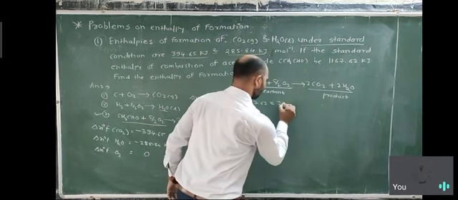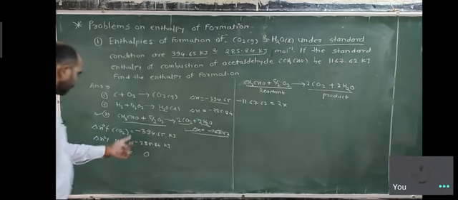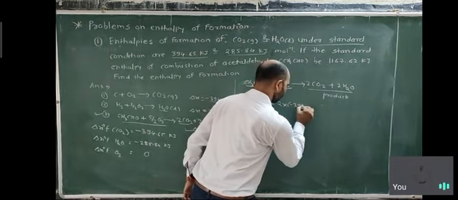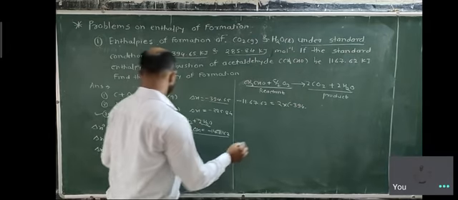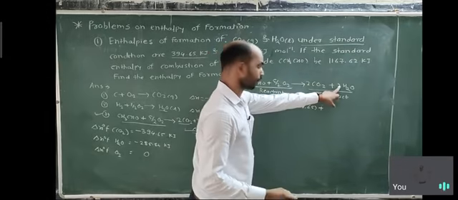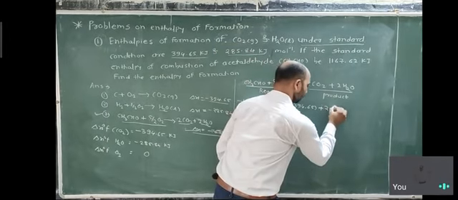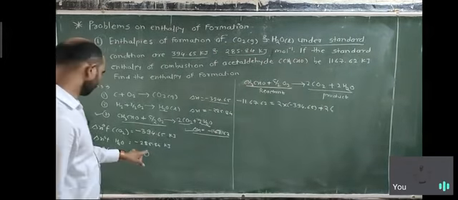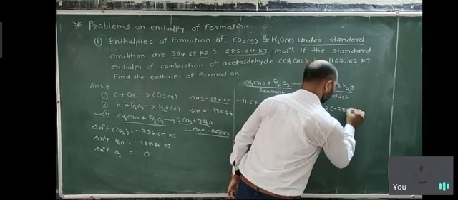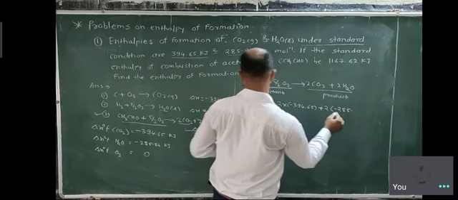So 2 into, what is the value? There is a minus 394.65, plus the coefficient is 2 for water, into the given value, minus 285.84.